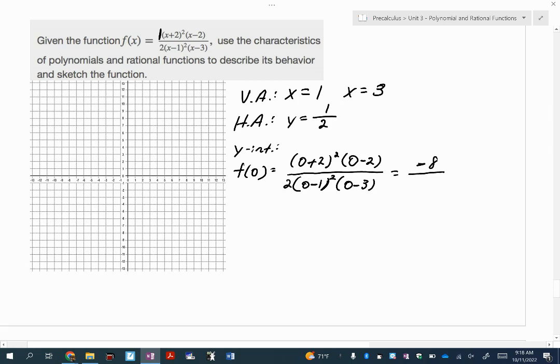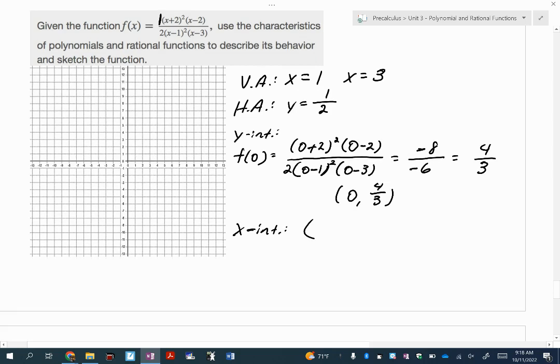And (-1) squared is 1, 1 times -3 is -3, times 2 is -6. So reduced to 4/3. And the x-intercepts, since it's already factored, whatever makes the numerator 0: I've got (-2, 0) and (2, 0).